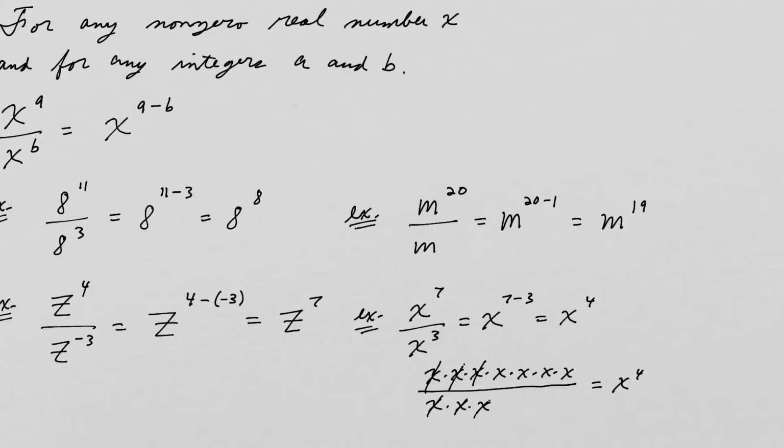Okay, what if I have x to the 5th divided by x to the 5th? Well, the rule is I subtract the exponents, so 5 minus 5, but that's x to the 0, and what is x to the 0 by definition?